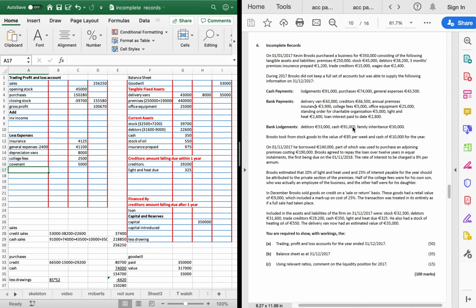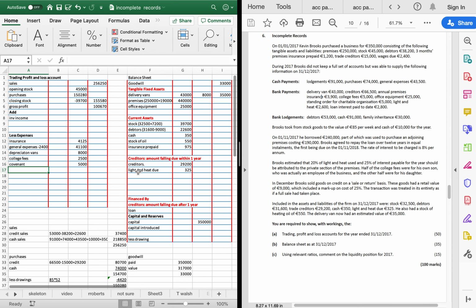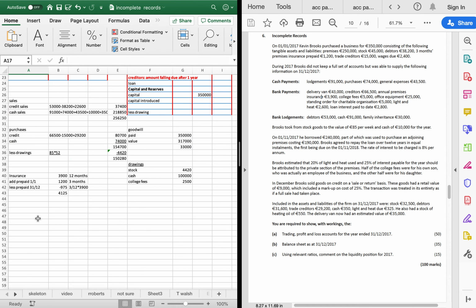So we've got our light and heat and our loan interest working and a few other little bits and pieces to tidy up. So light and heat, 2,500. So I'm going to have to do working on that. Not only because I know there's light and heat due, and I know there's stock of oil.